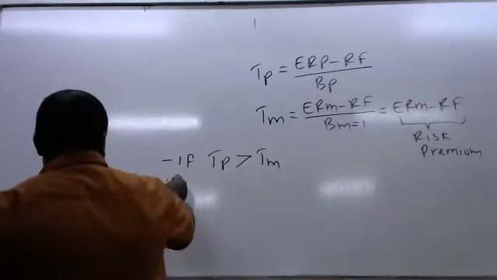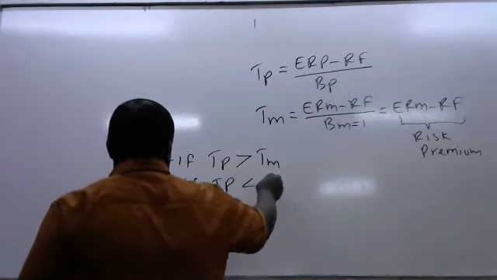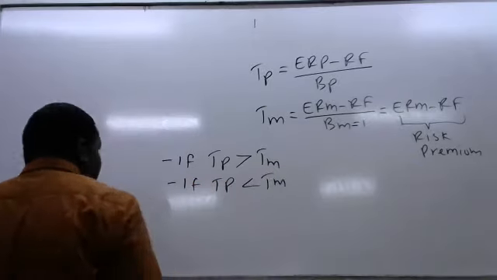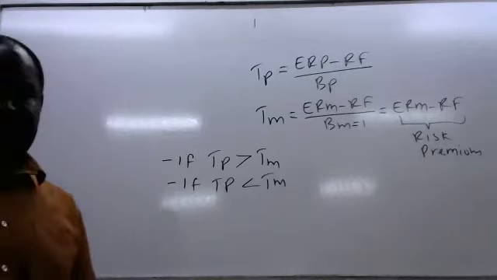Another line is that if the Treynor of the portfolio is less than the Treynor of the market, then it indicates inferior performance.